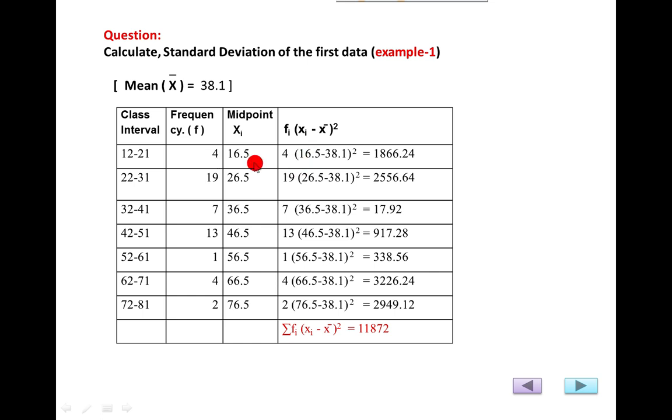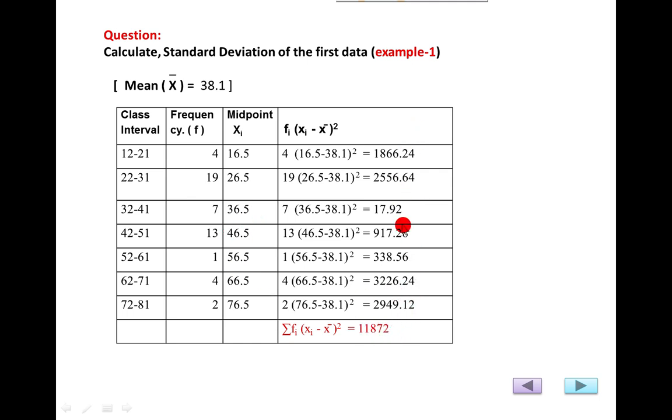So 16.5, first midpoint, minus 38.1 mean, then take the square of this. First take the square of this term, after the difference, then multiply by 4. If you first multiply by 4, then the square will be wrong. Same as the second midpoint, 26.5 minus 38.1, then square, multiply by the frequency 19. Same as for the third group, 4th, 5th, 6th, and then add all values.